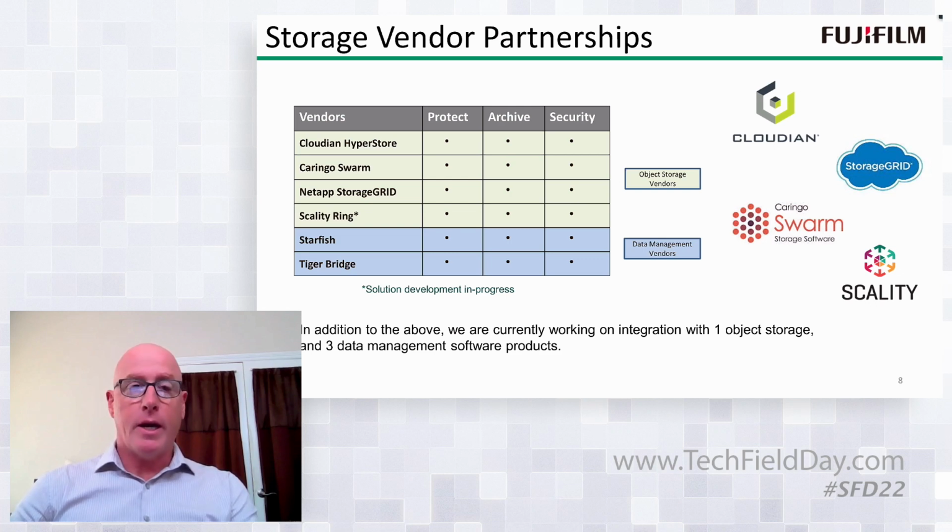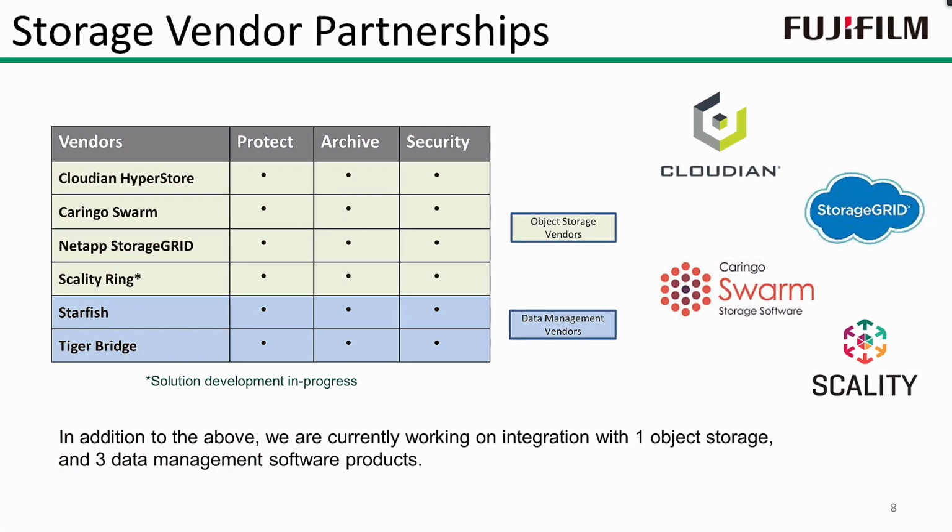So what we're really looking at is our partnering with companies like Cloudian, Caringo, or Datacore now. I apologize for having the old name on there. NetApp or Scality have seamlessly integrated the capabilities to do cloud tiering, and that works seamlessly with our product.